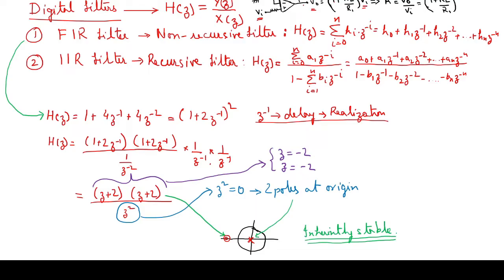Now, if you take this Vi and bring it onto the left hand side, we get a component which is basically V0 by Vi, and it is nothing but the gain of the system. This is equal to 1 plus R2 by R1.